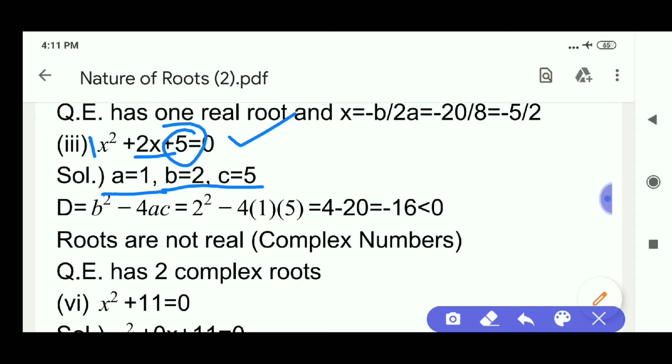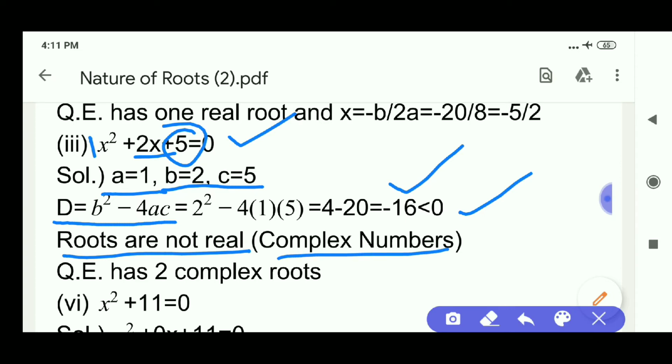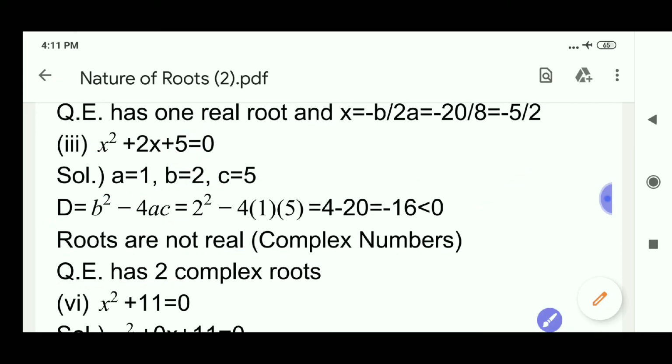Now, discriminant b square minus 4ac. Substitute and simplify. Its answer is minus 16. A negative number. It is less than 0. So roots are not real. Not real means complex numbers. So the quadratic equation has two complex roots.